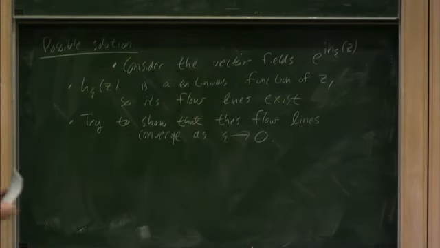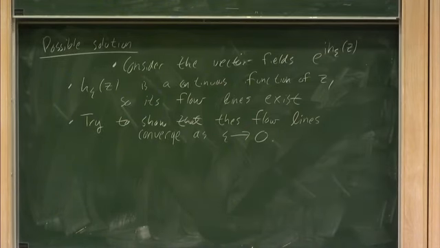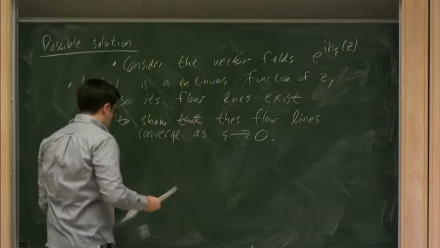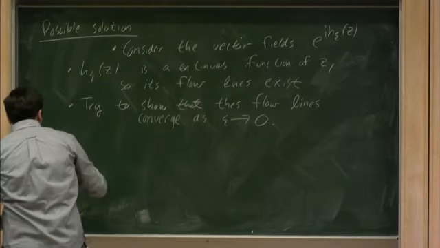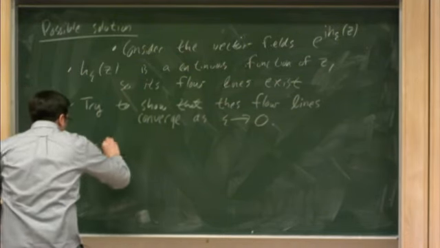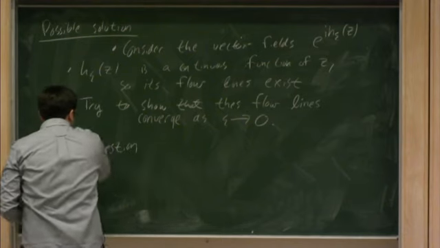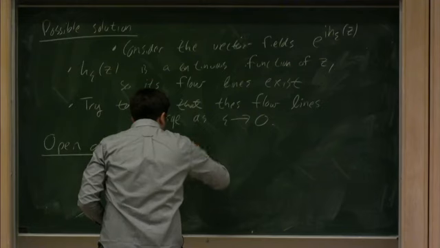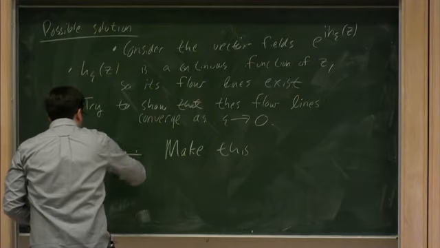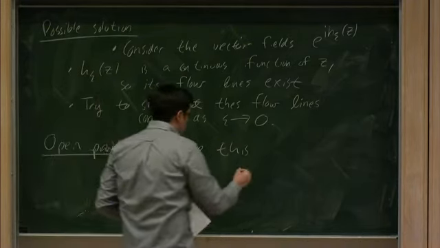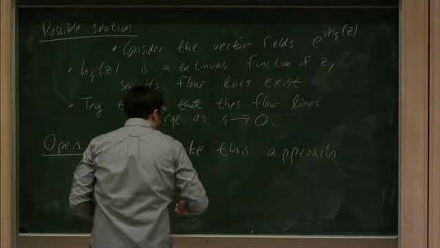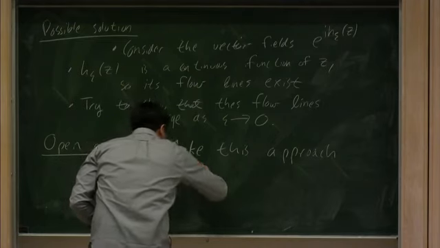And if you could show that, then this would be the natural definition of what a Gaussian free field flow line should be. But it might seem sort of surprising if you've seen this the first time, this is actually an open question. Nobody knows how to get this approach to work. So an open problem is just to make this approach rigorous. This seems to actually be quite a hard thing to do.